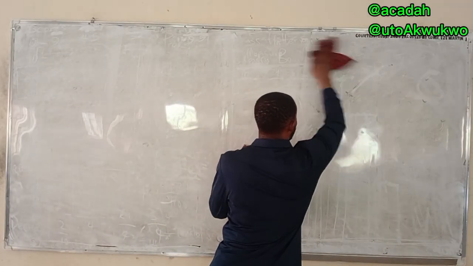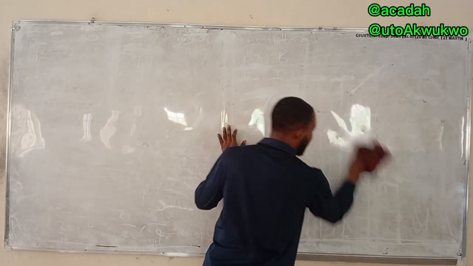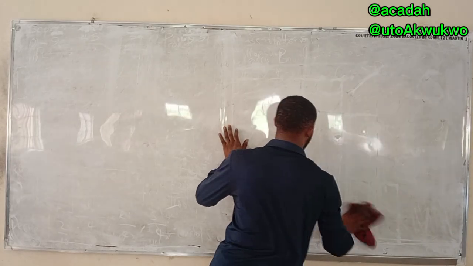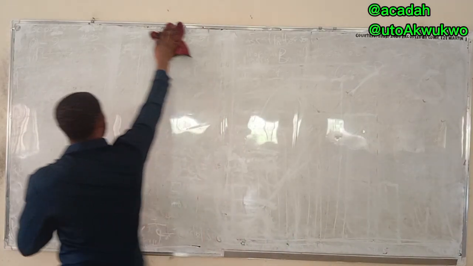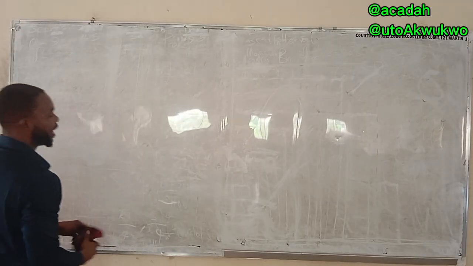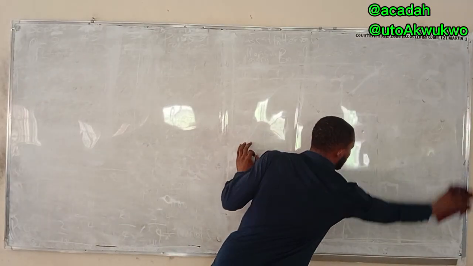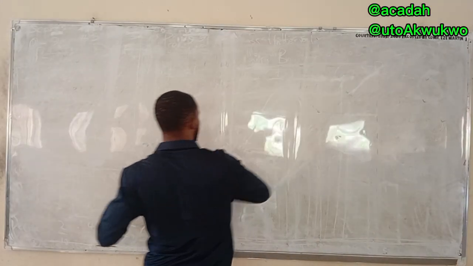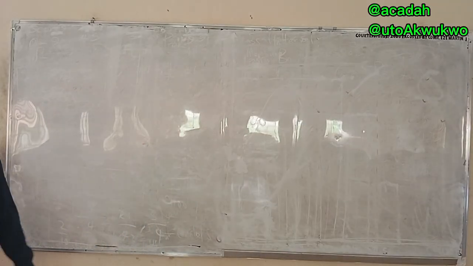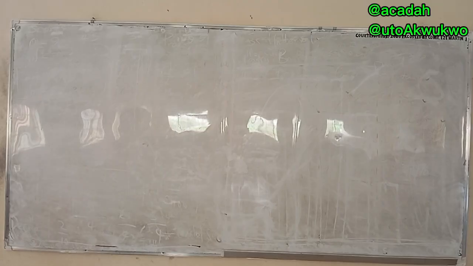So a measure of location is a statistical method which is used to find the center point, or say the central axis or central point, however you want to say it, of a distribution.